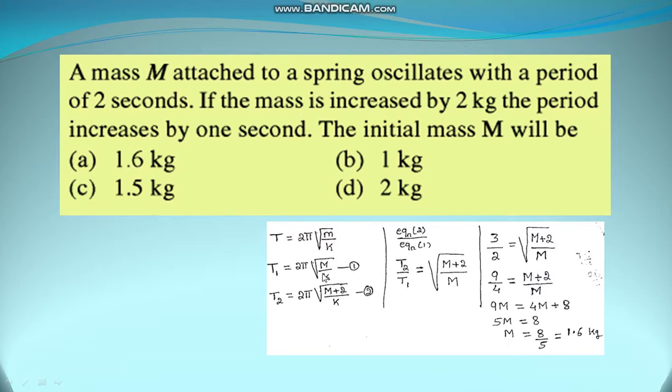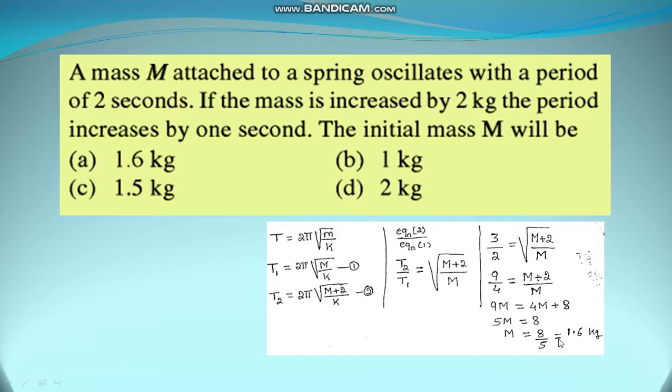If I divide equation 2 by equation 1, 2 pi and this k value will cancel. So you get here square root of m plus 2 by m. T2 is given and T1 is given. Substitute that value, squaring both sides, simplify, you will get your answer 8 by 5.